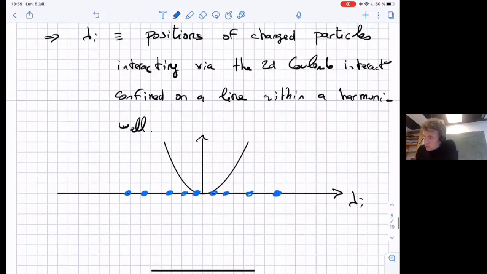The important point again is that they are interacting via the Coulomb interaction in 2D.